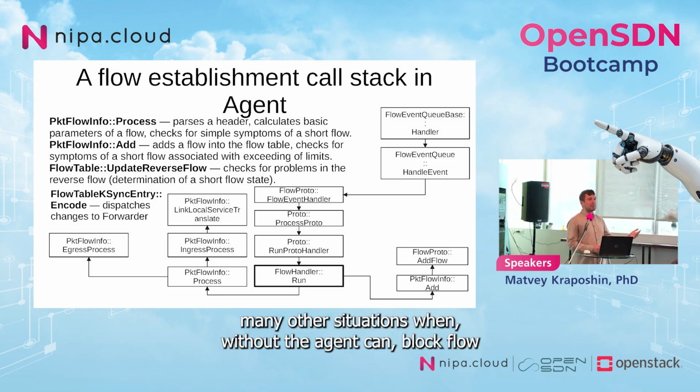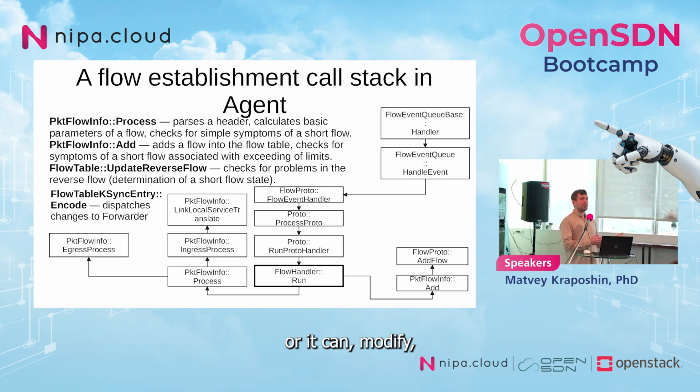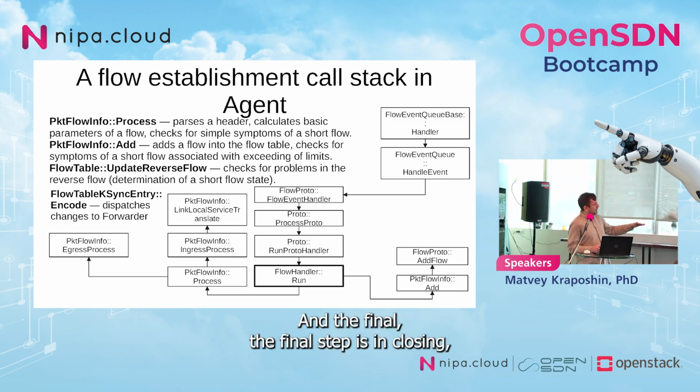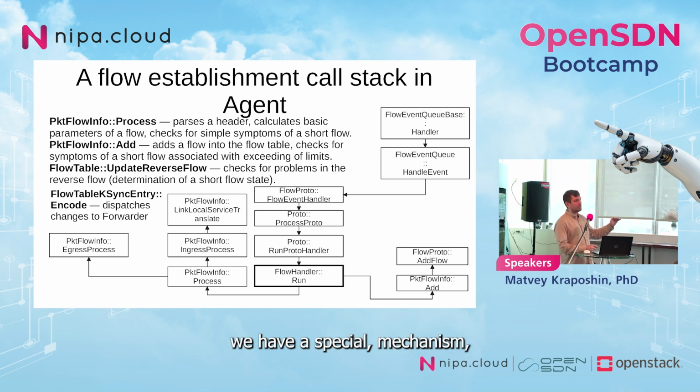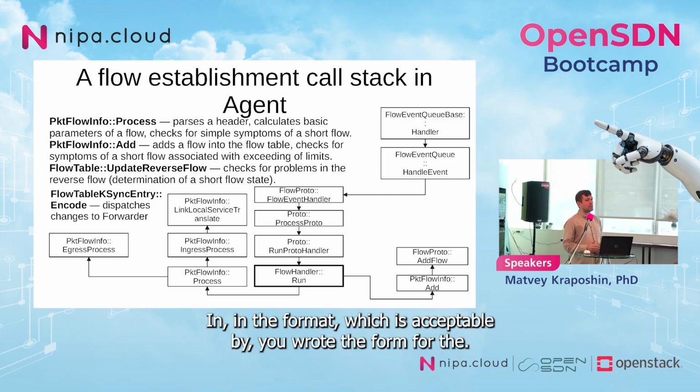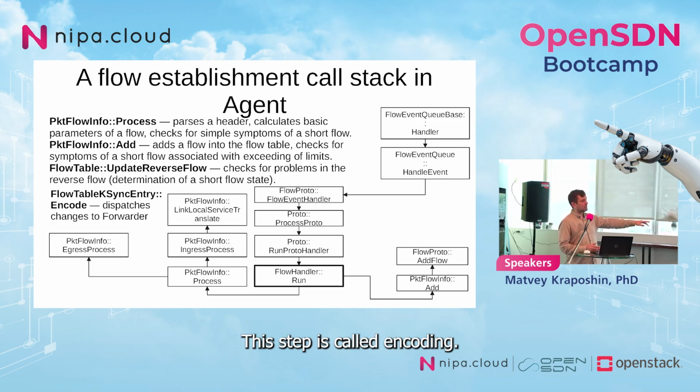And there are many other situations when the route agent can block flow, or it can modify decisions or parameters of the flow. And the final step is encoding. We have a special mechanism which creates a request from the route agent tables in the format which is acceptable by the router forwarder. This step is called encoding. And then we send information using Sandesh requests.